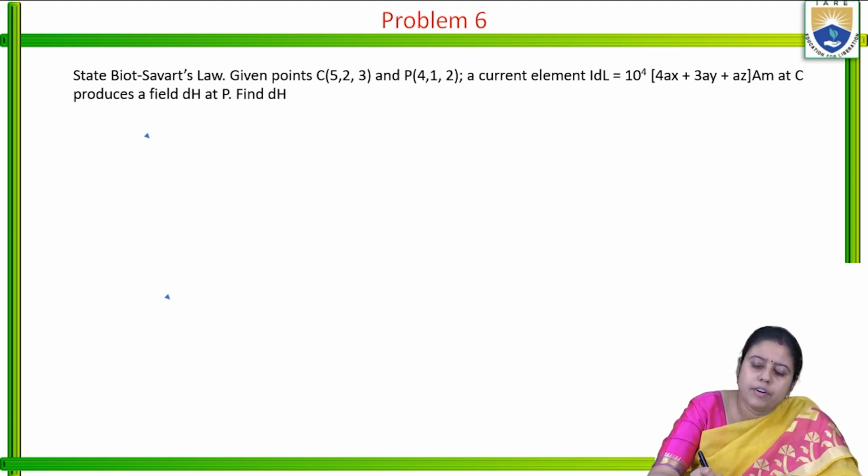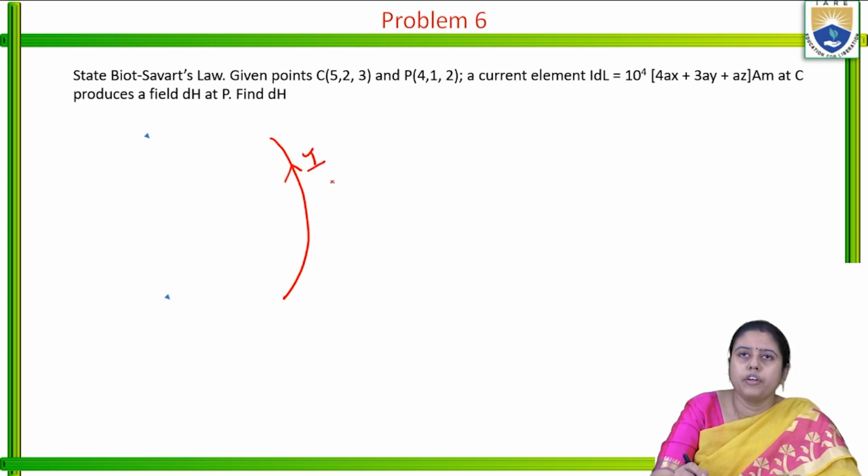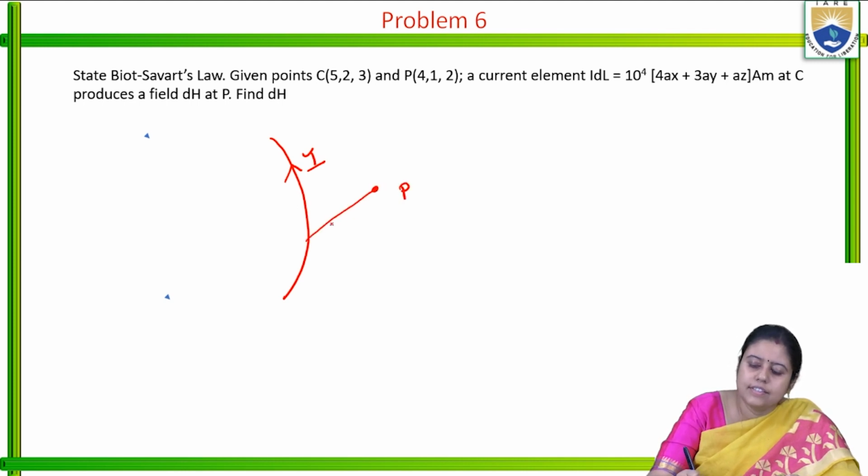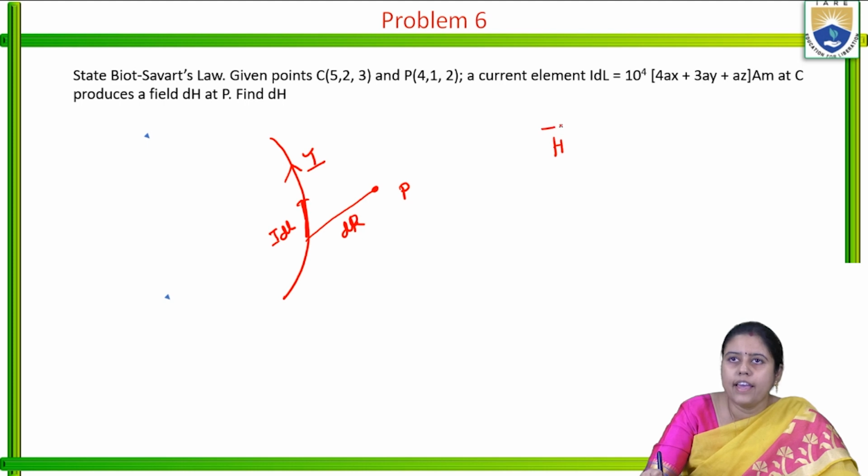What does the Biot-Savart's law tell? That if there is a current carrying conductor, the current flowing through it is I. This is a point P and the length element is dl, the distance is r, and the current flowing in a small section is I dl.